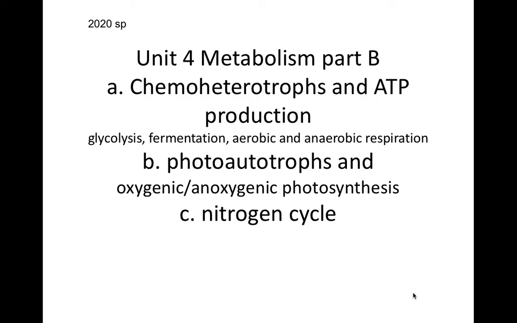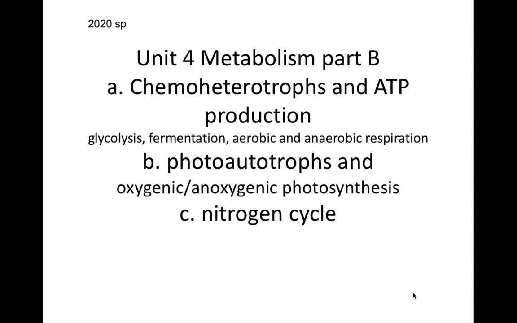Okay. So most of the PowerPoint will be on ATP production by chemoheterotrophs, and you'll recall chemoheterotrophs are organisms that require preformed organic molecules as a source of energy and carbon. So for example, humans are chemoheterotrophs, and you might recall that cellular microbes that invade another organism and cause harm, they too are chemoheterotrophs. The reason they're invading the other organism is that that organism represents a source of preformed organic molecules.